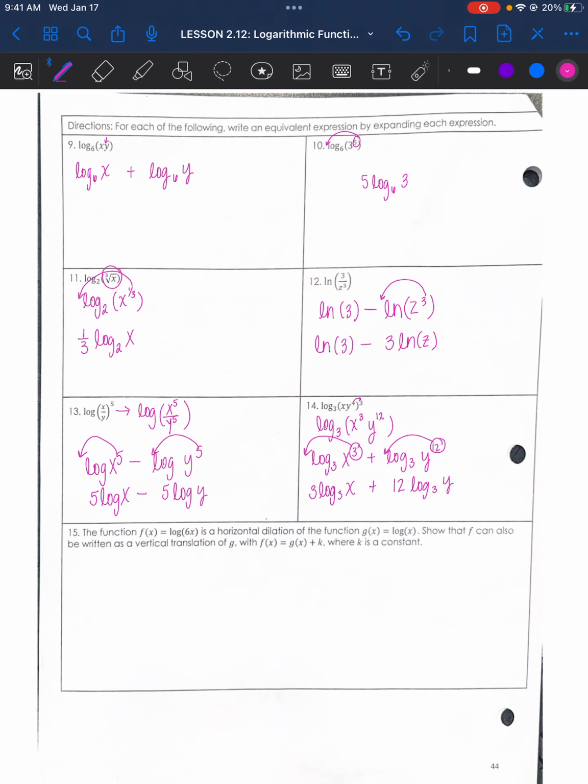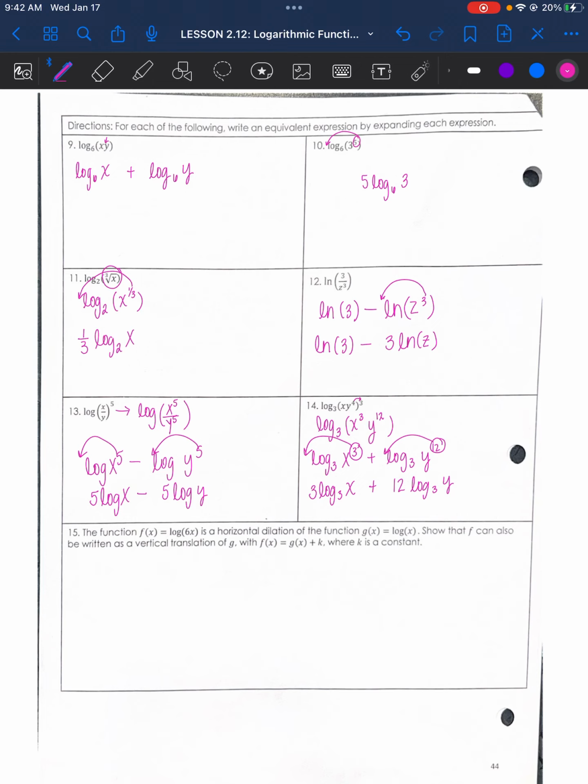Number 15 says the function f of x equals log of 6x is a horizontal dilation of the function g of x equals log of x. So basically, from log of x to log of 6x, that's considered a horizontal dilation. We want to show that f can also be written as a vertical translation.